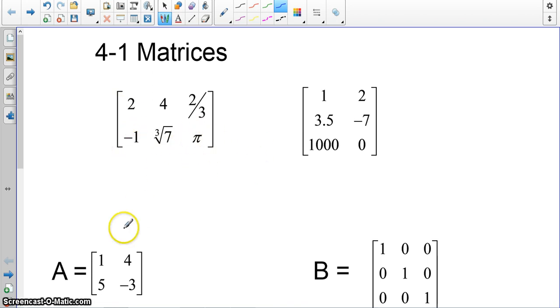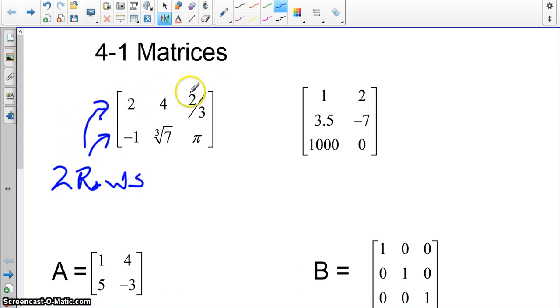So the first idea in here is what's a row and what's a column. This matrix has two rows. So this is a row, this is a row.